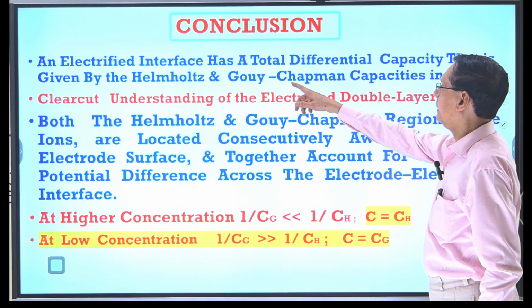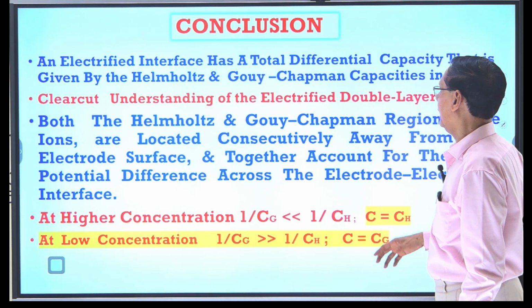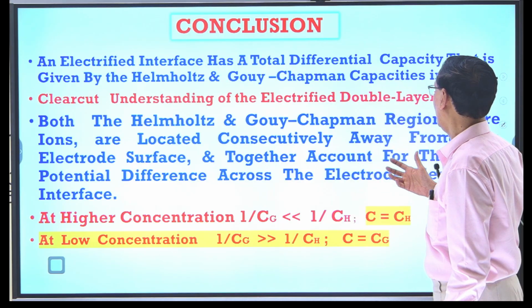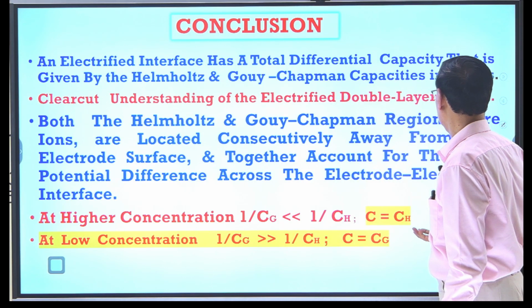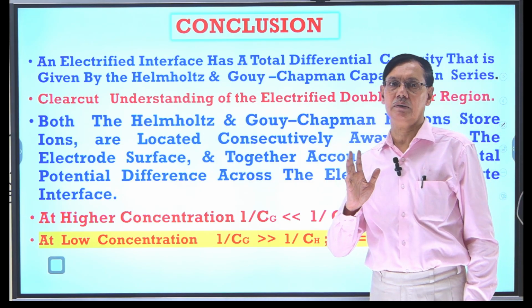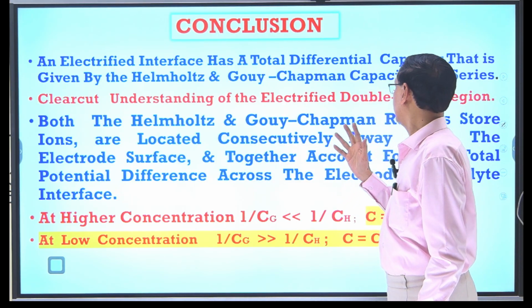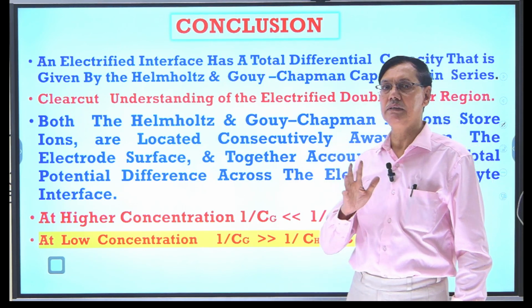So the electrified interface has a total differential capacity that is given by the Helmholtz and Gouy-Chapman capacities in series, and it is a clear-cut understanding of the electrified double layer region.